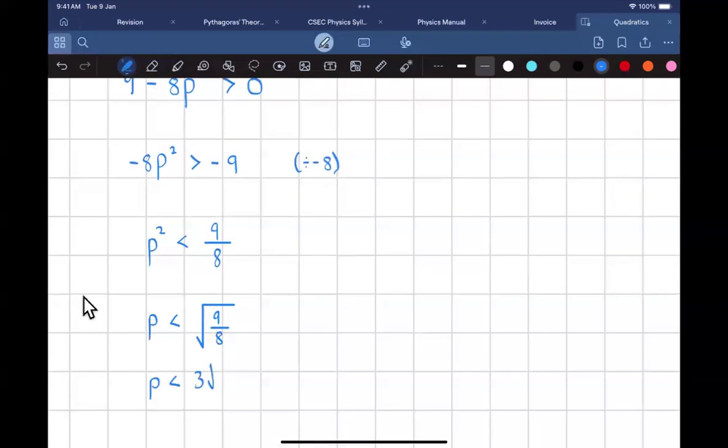It's 3√2 over 4, but that's not the only answer. Remind me, what is the square root of 25? Was it two answers? 5 or... I forget the next one. 5 by 5 is 25, but what by itself is also 25?